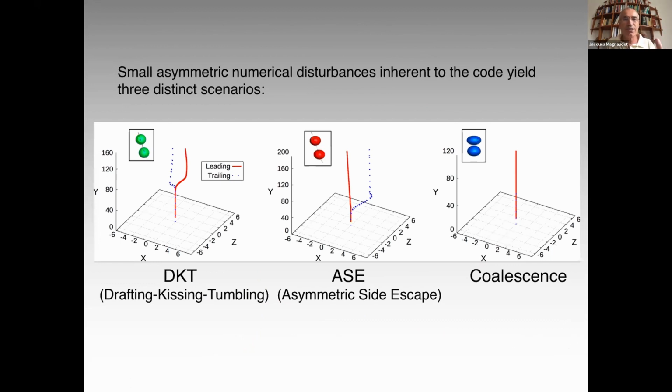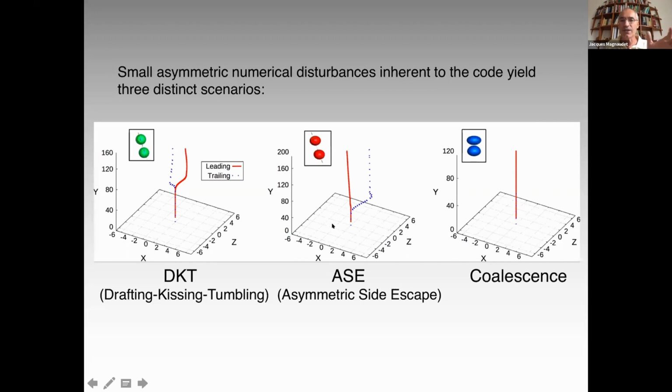So you can already see from this picture that the green regime, which I call the drafting, kissing, tumbling, or DKT regime, is a regime in which the two bubbles separate at some point, and each of them starts to follow a path which differs from the initial vertical path.